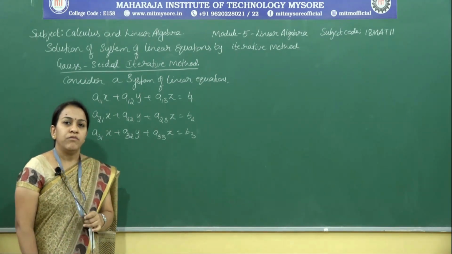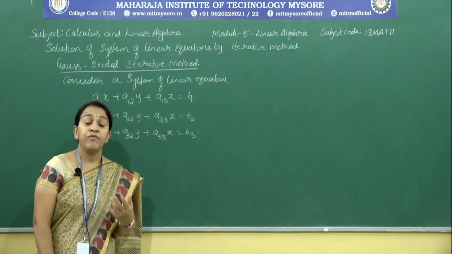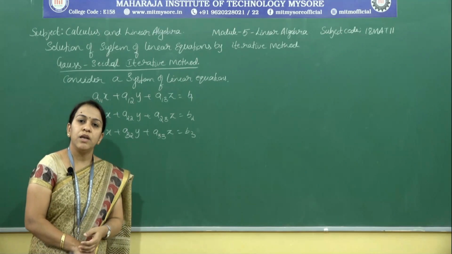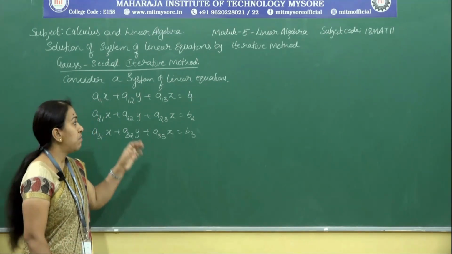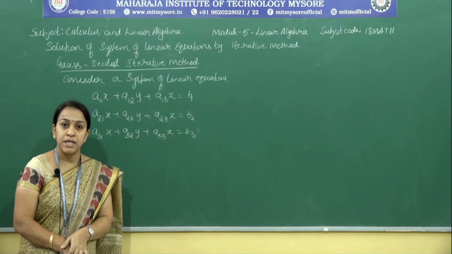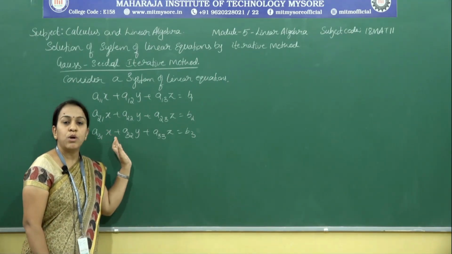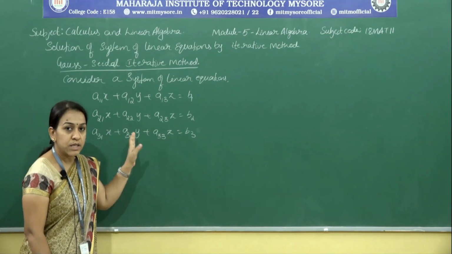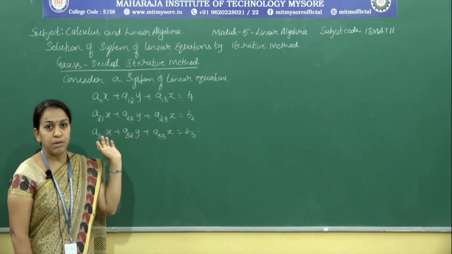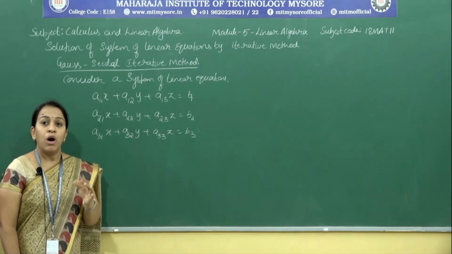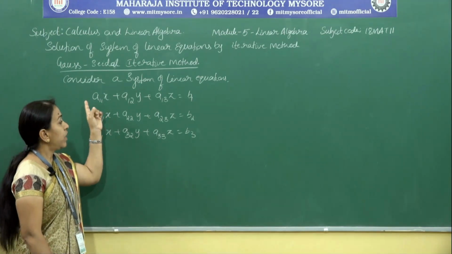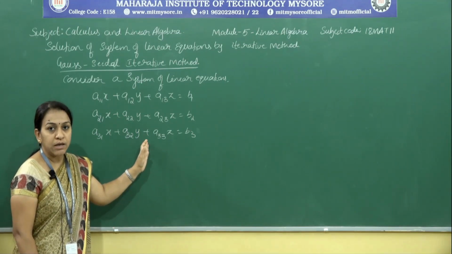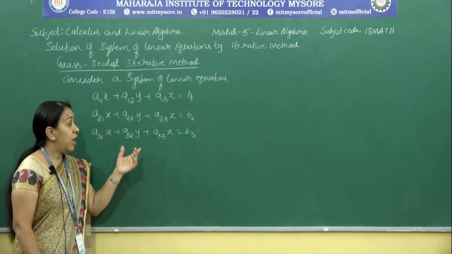Now, why and when are we going to use the Gauss-Seidel method? When we have numerically larger coefficients along the principal diagonal of the coefficient matrix A, we use the Gauss-Seidel method, or if the problem specifies it.